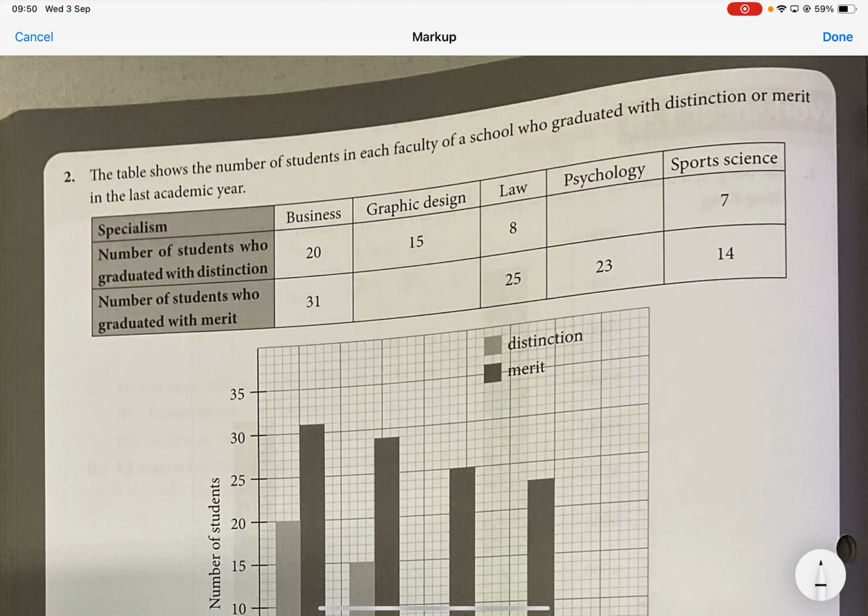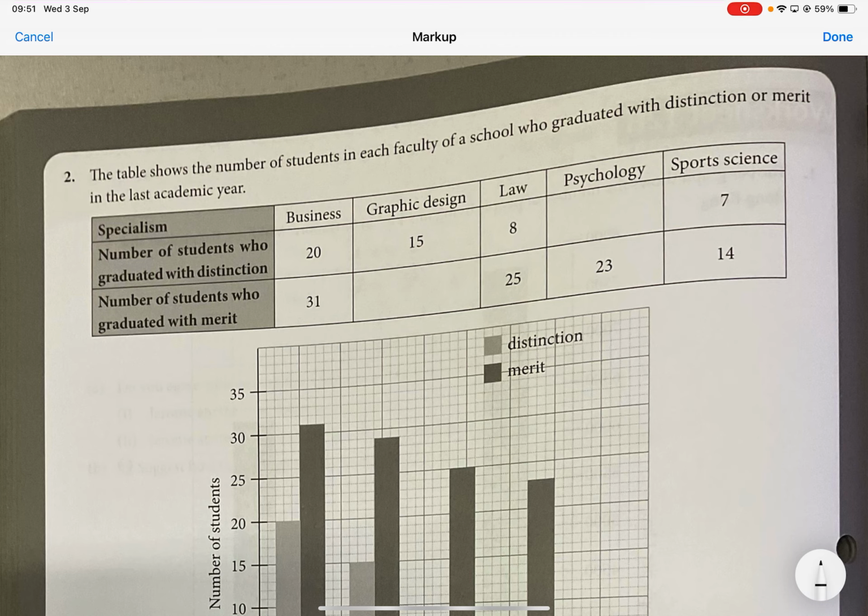There are a few different subjects or different specialization. Business, graphic design, law, psychology, sports science. Then, out of the different subject, business, there are 20 who score distinction. There are 31 who just graduate with merit.